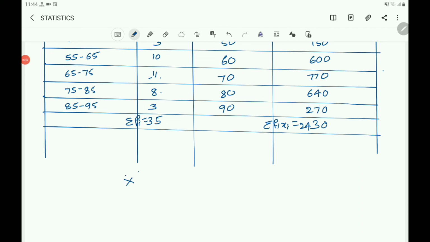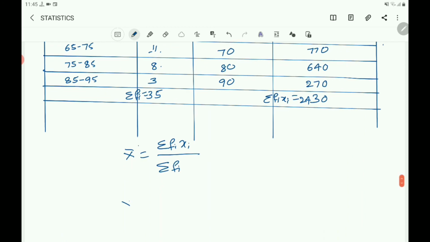Then x bar equals summation of fi xi divided by summation of fi, that equals 2430 divided by summation of fi is 35. So you divide 2430 by 35.